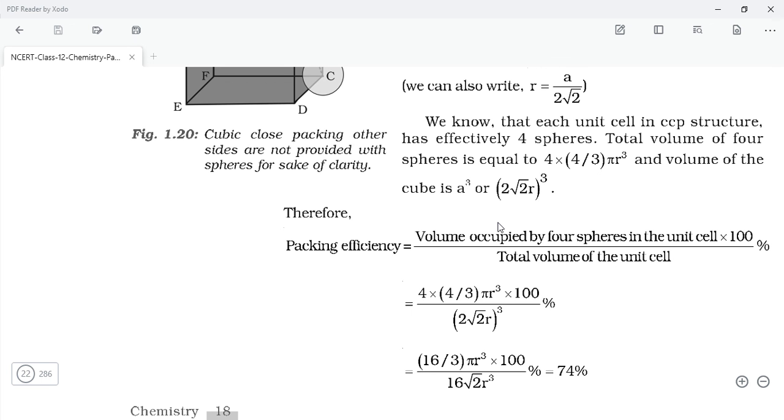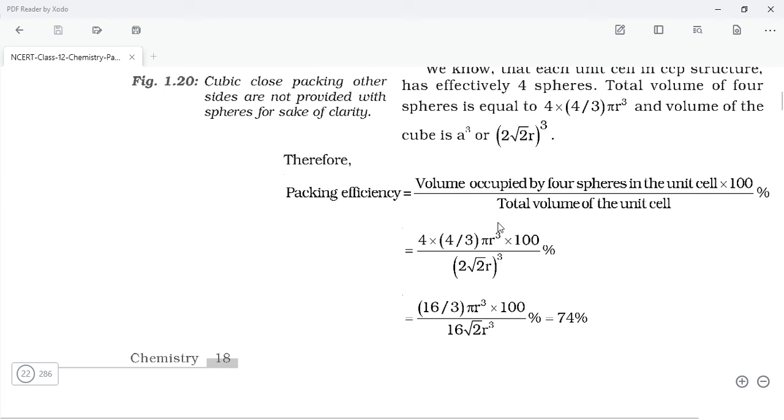Packing efficiency in this case is calculated for this given CCP structure. It will vary based on the different structures. Obviously, that's why we need to find out which is more packed and which packing efficiency is better, and all that stuff.